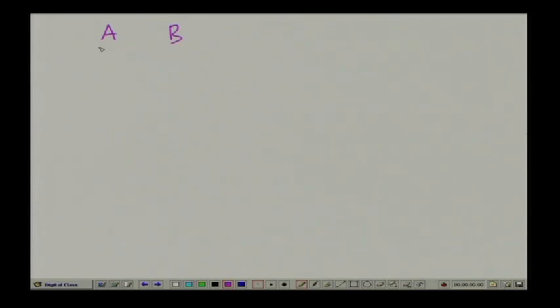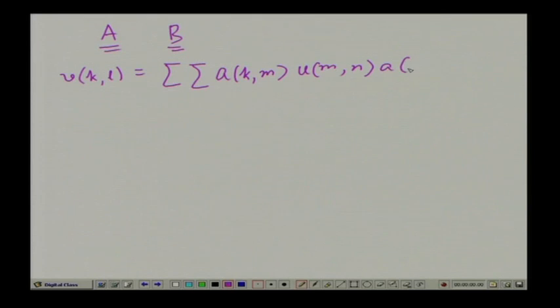So, if I take both A and B to be the same, then the transformation equations can be written in the form V(k,l) equals the double summation of A(k,m) u(m,n) A(l,n).